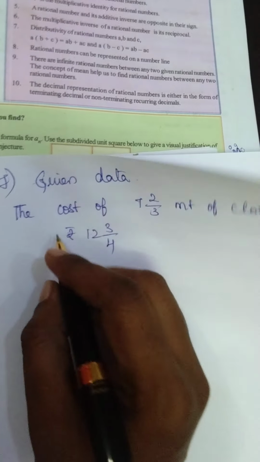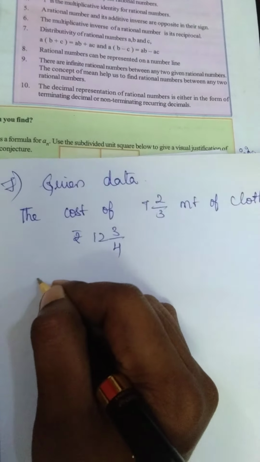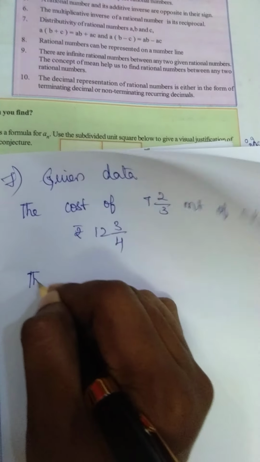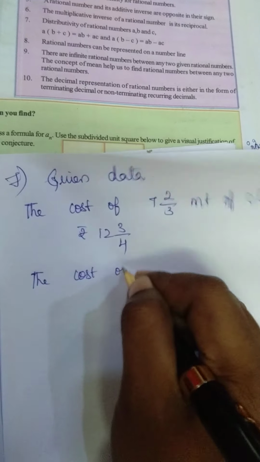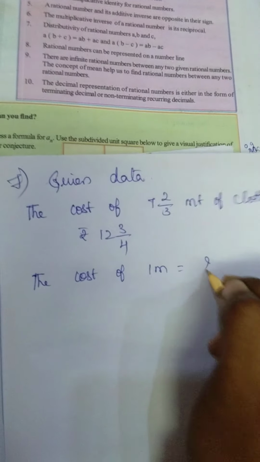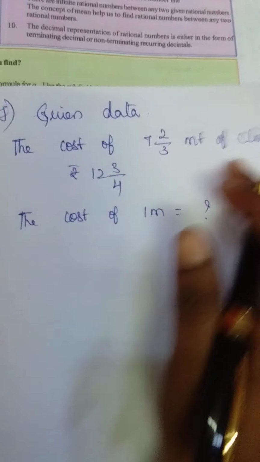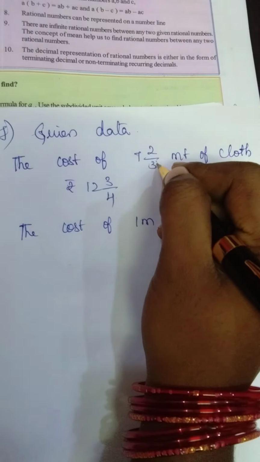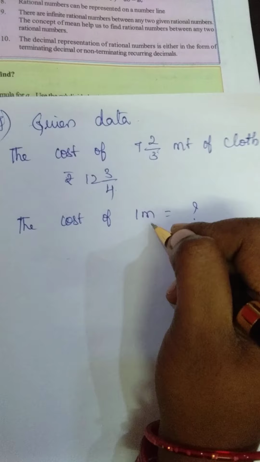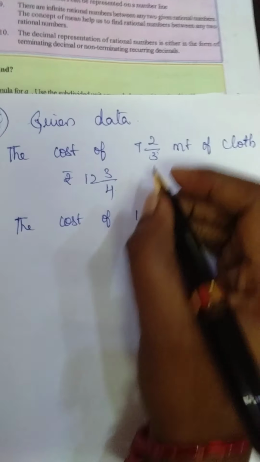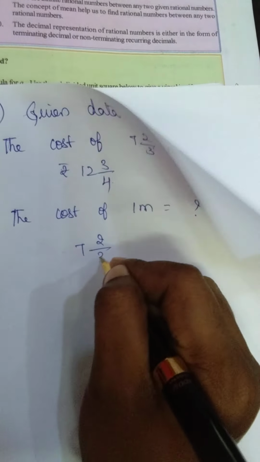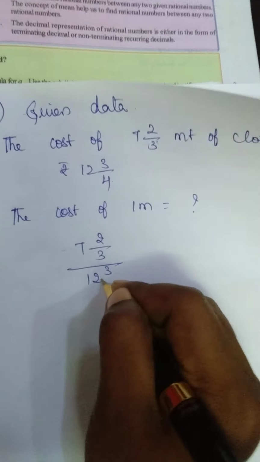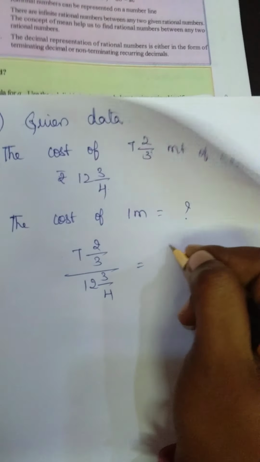Now he is asking, the cost of 1 meter equal to how much? Now if you divide these two, you will get the 1 meter cost. If you divide 7 2/3 by 12 3/4, then you will get the 1 meter cost.